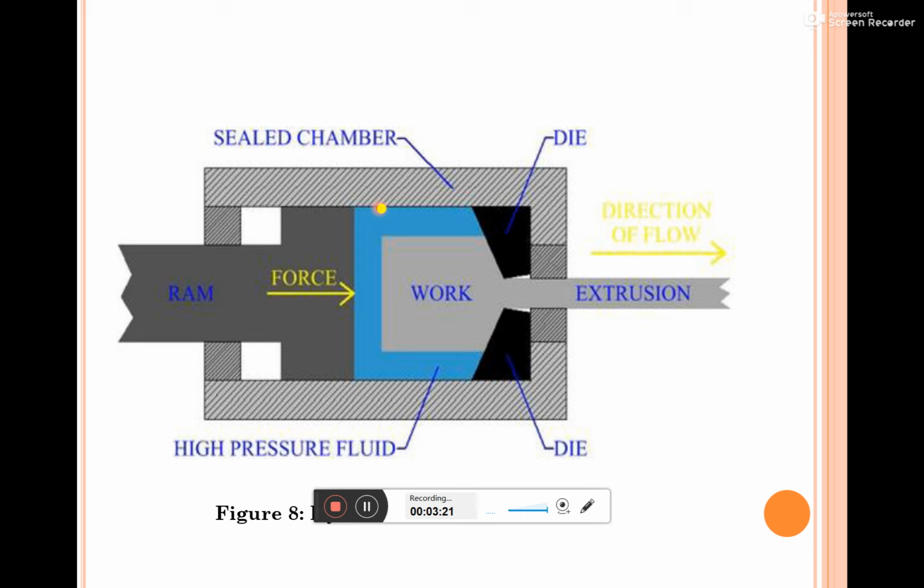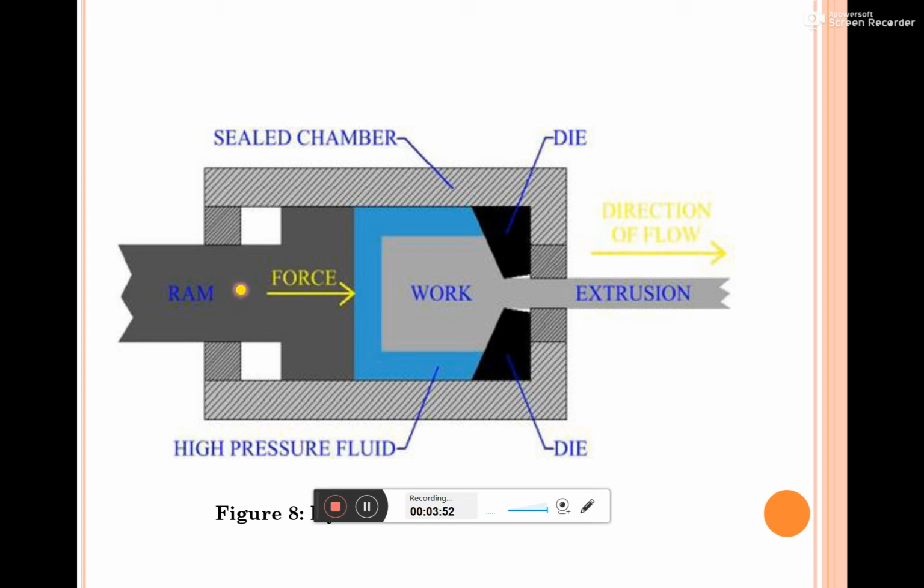To perform hydrostatic extrusion, we use a hydrostatic pressure fluid. Here the ram is not directly in contact with the workpiece. First, we place the workpiece in the container, the chamber. After that, it is filled with high pressure fluid.